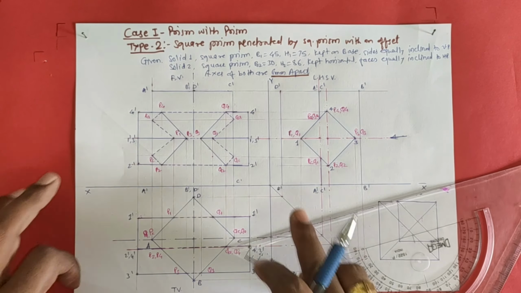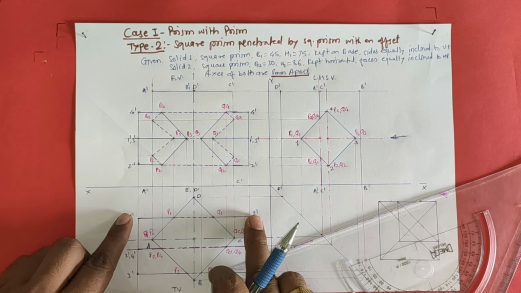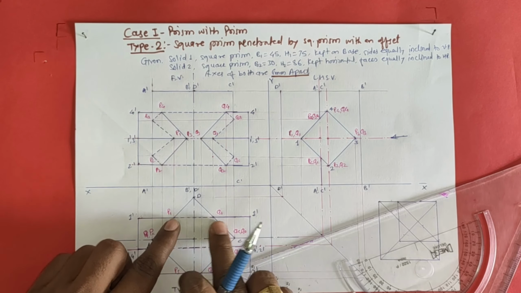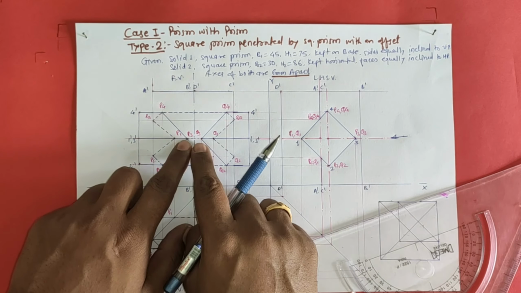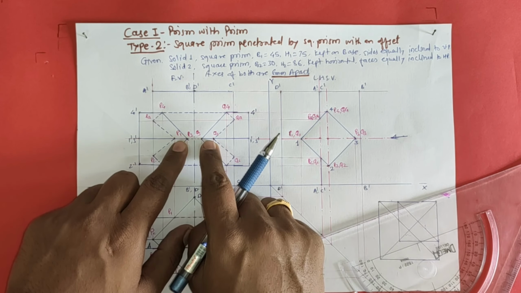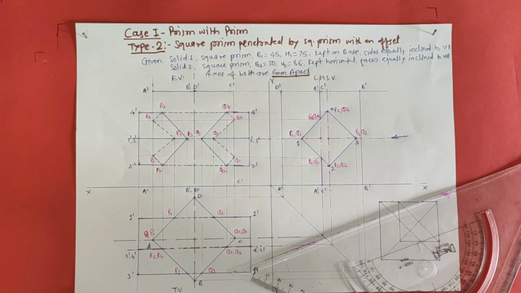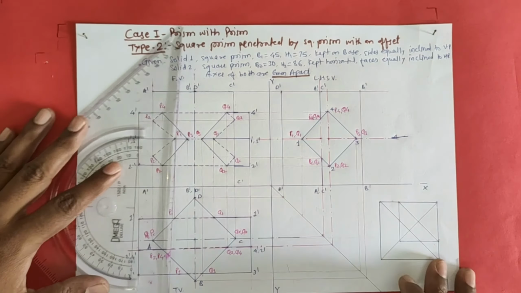Okay, I have joined this. Now see the 1 1 dash line, P1 Q1: up to P1 Q1 it is dark, but in between P1 Q1 it is hidden. So I am not going to mark hidden lines on the dark line, so it will be hidden for this P3 Q3 only. Okay, now join the edges.